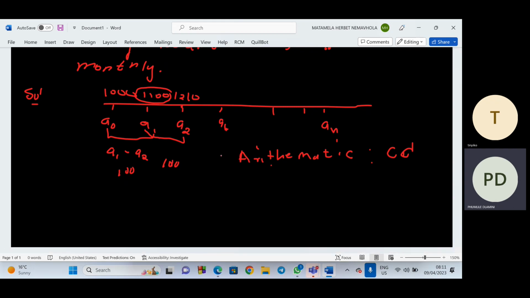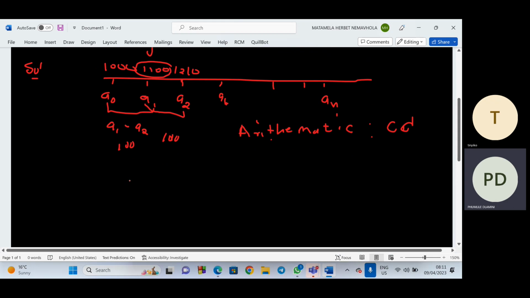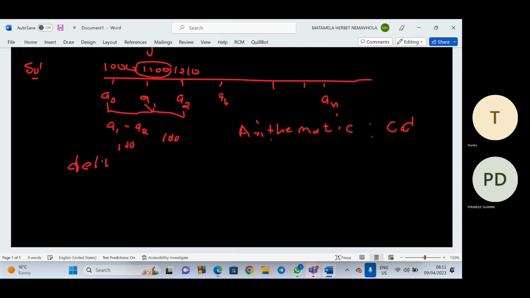Now when we get this difference, in maths we have something called delta. Delta is a Greek symbol, and it means change.